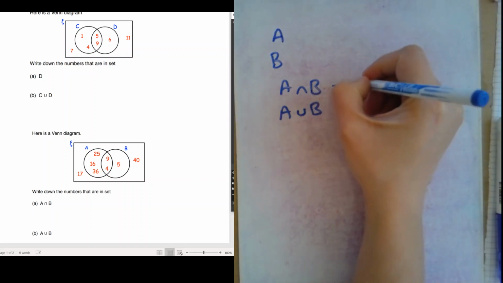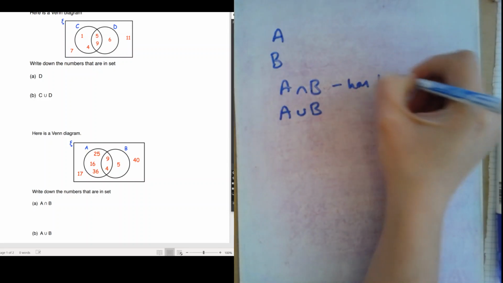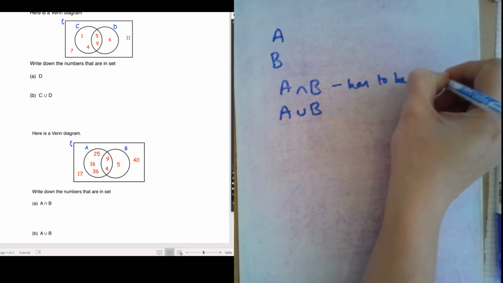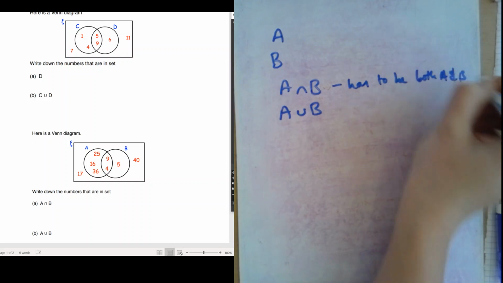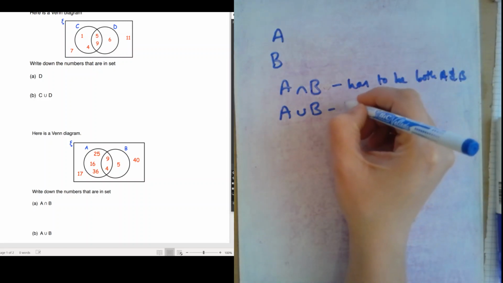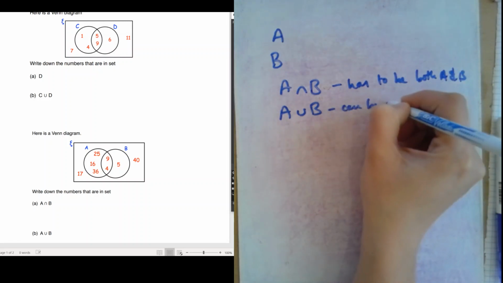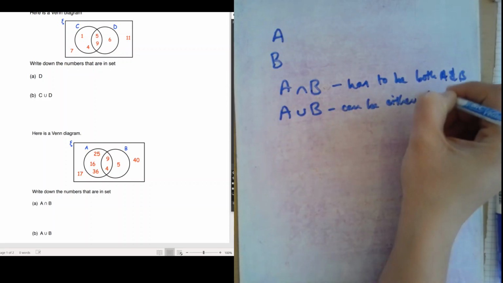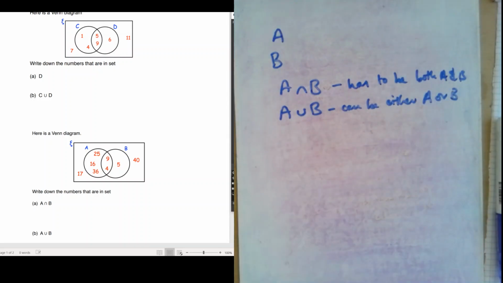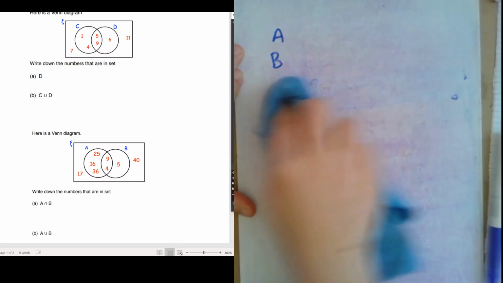Okay, so this has to be both A and B, and this one can be either A or B. So if I was to pop it into a diagram, then you should be able to check it out.